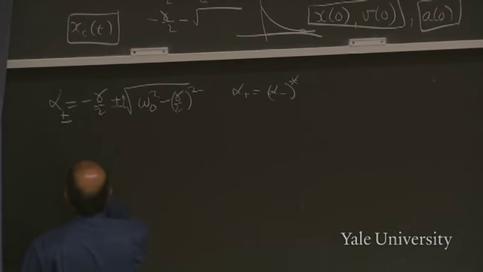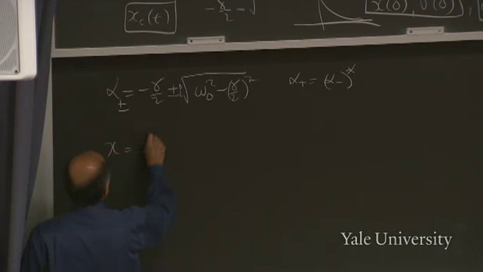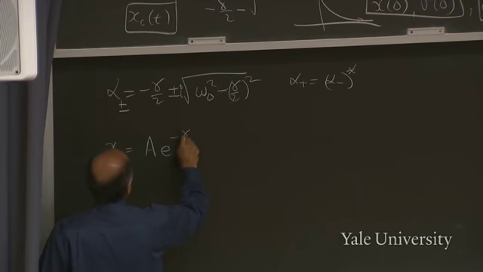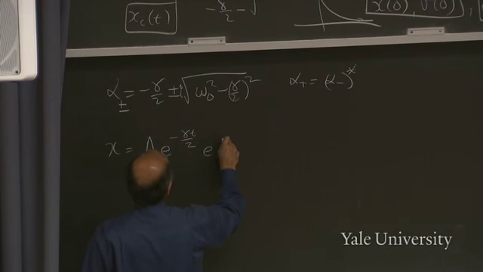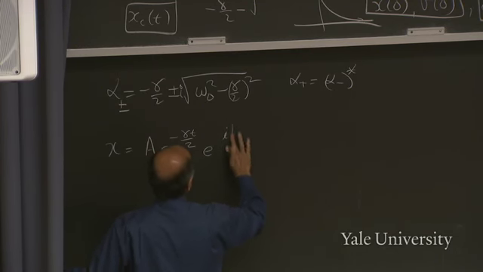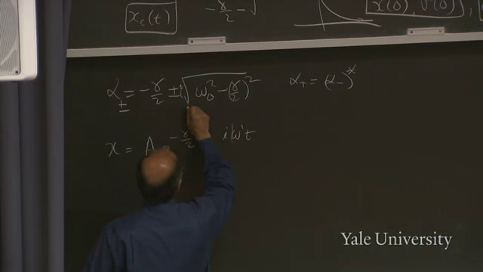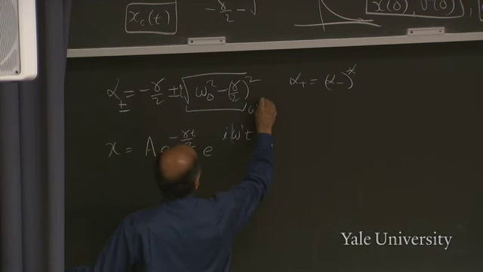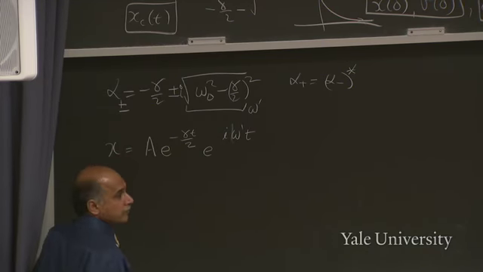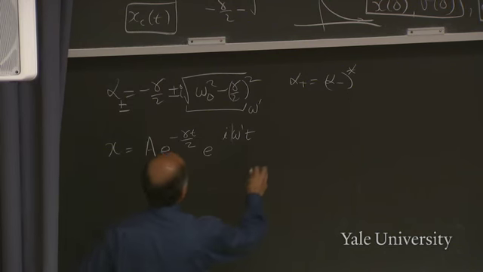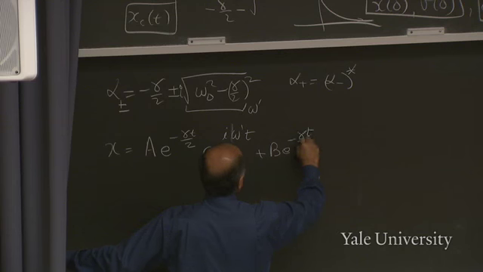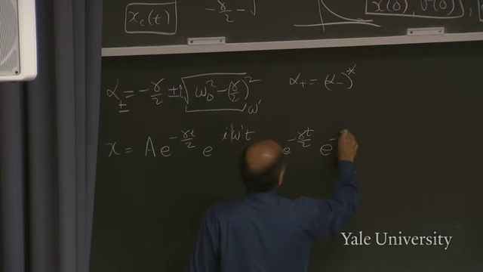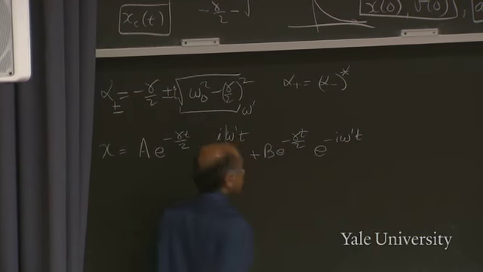So what's the solution going to look like? It's going to look like A e to the minus gamma t over 2 e to the i omega prime t, but I'm going to call this fellow in brackets omega prime. Then there's the second solution. The real part is exactly the same. Imaginary part is opposite, minus i omega prime t.